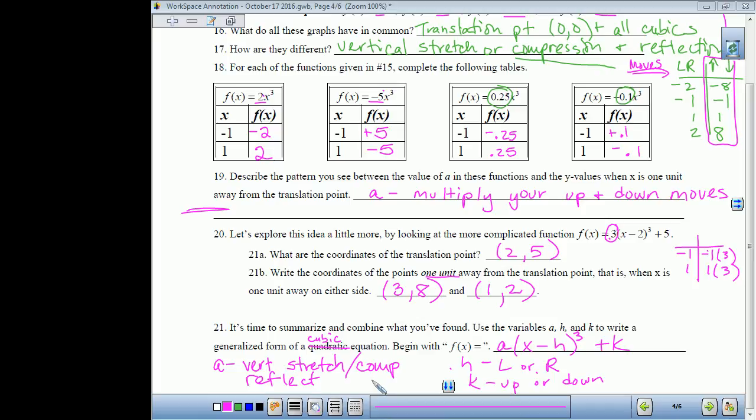So if it's a decimal or a fraction between -1 and +1, it makes a compression or a, did you guys use the word shrink? Either words are acceptable. Now, if A is negative, it causes that reflection. All right, now the H part moves it left or right, and the K part moves it up or down.